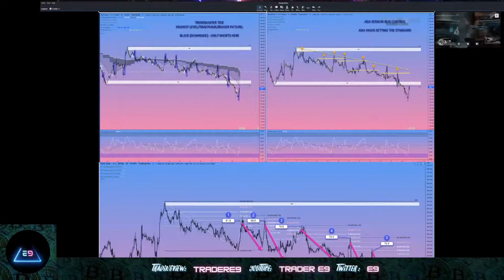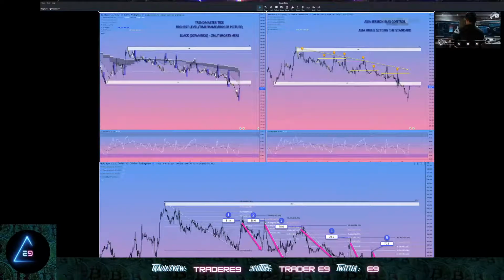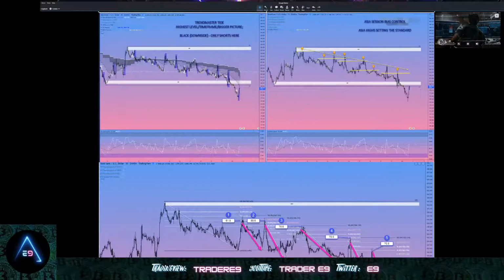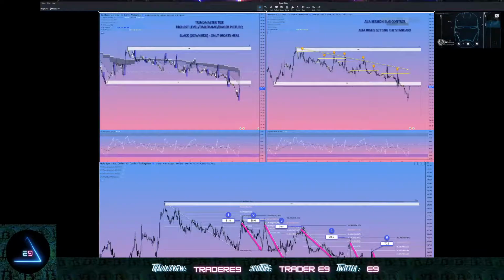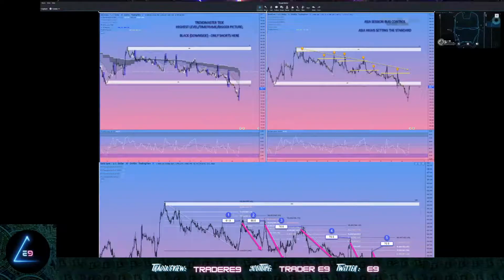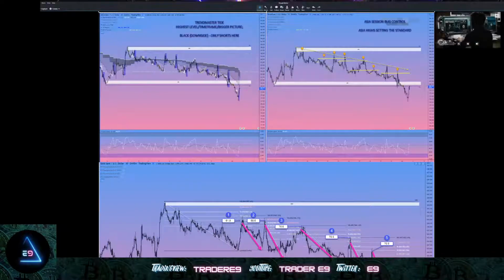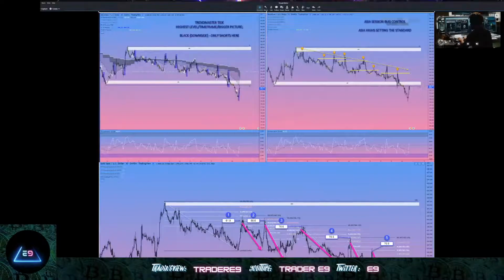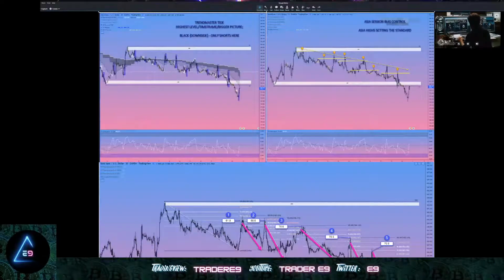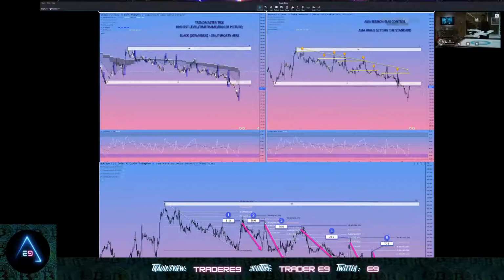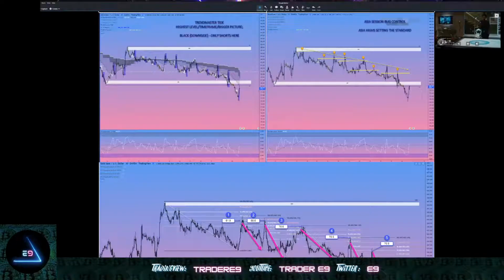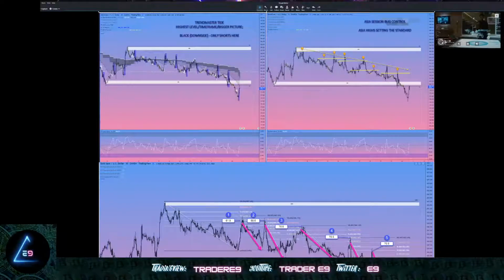To this point we've had one and three Asia sessions in this move, and then all of a sudden it's gone bang. At first one, this is rejected. So in fact, Asia high here, rejects, goes lower. Another Asia session, Asia high, reject, goes lower.